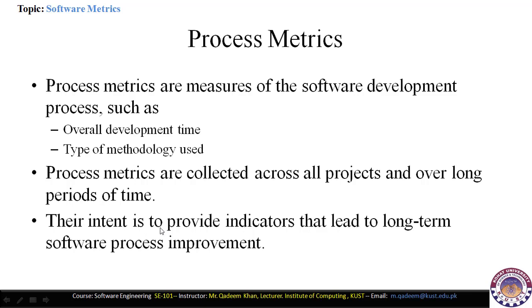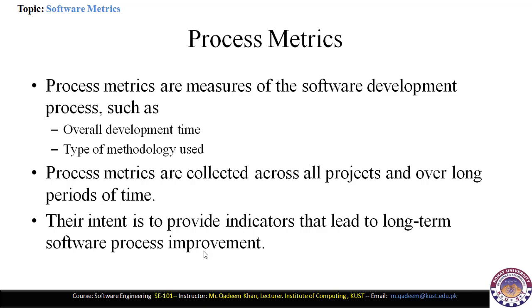The purpose of the process metric is to provide indicators which give us long-term software process improvement. For example, there are many software development organizations which focus on particular software processes.